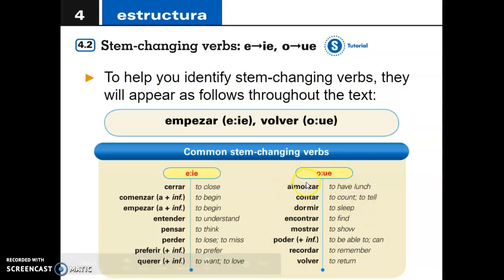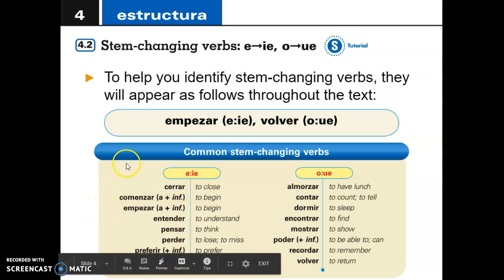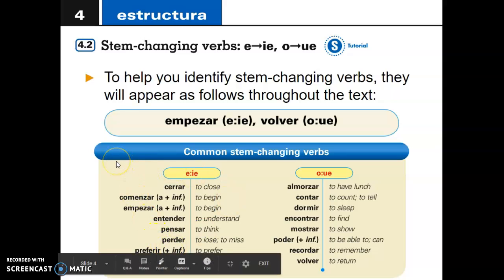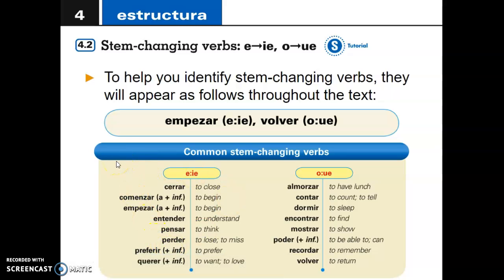This one goes almuerzo, almuerzas, almuerza, etc. Cierro, cierras, cierra, cerramos, because remember we don't change, and so on and so forth. If I were you, I'd conjugate a bunch of these, use that space in the back of your packet maybe, or in a notebook, and conjugate all these so you know how to use them.